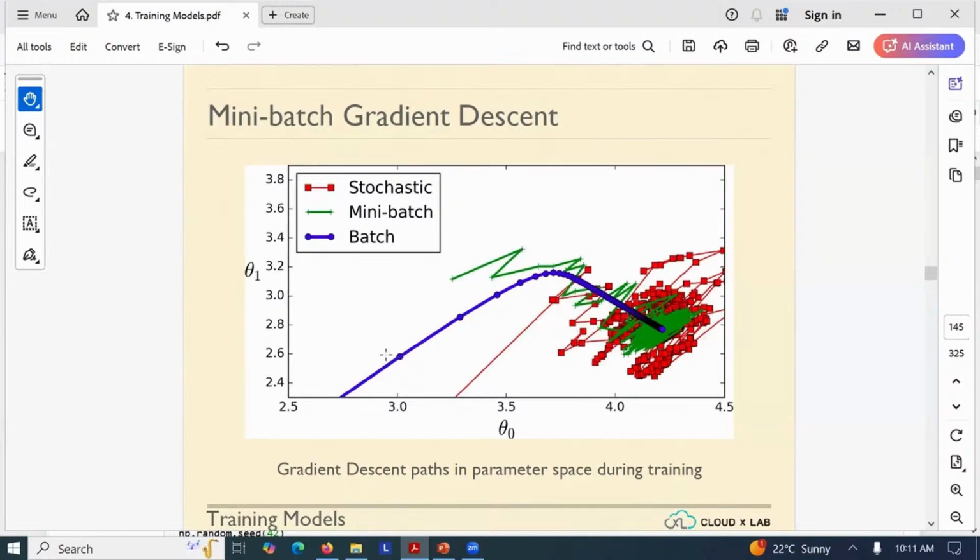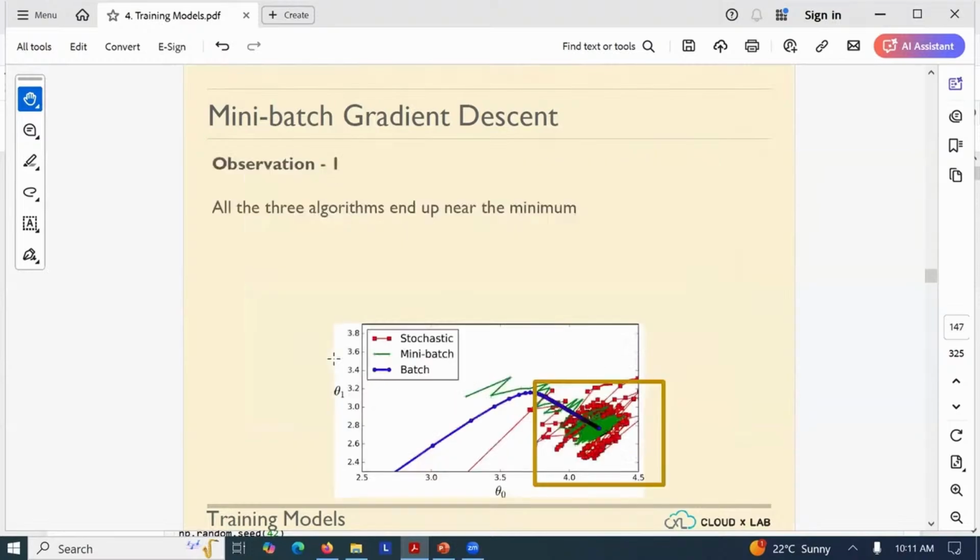Because we have the correct gradient. In mini batch or stochastic, the number of iterations required will be more, because the gradient is not as accurate as in batch gradient descent, right? So let's discuss these observations one by one.